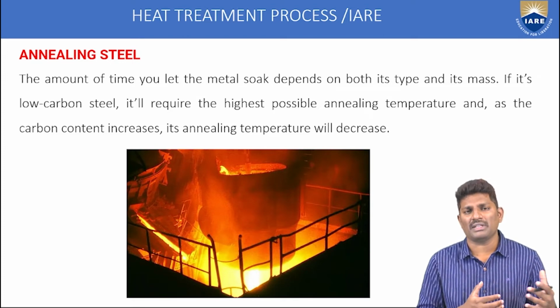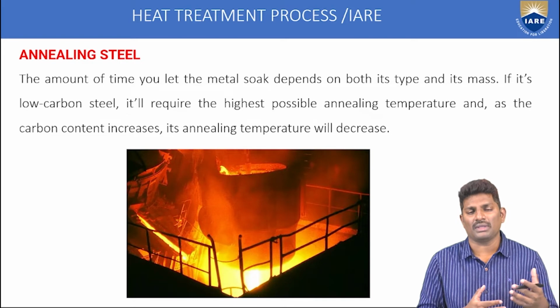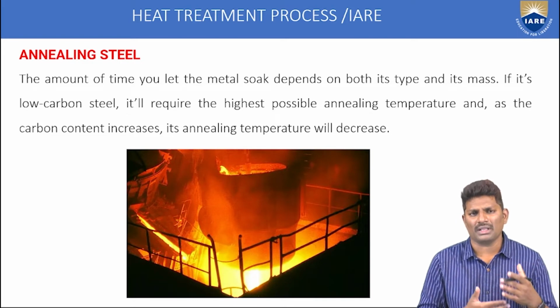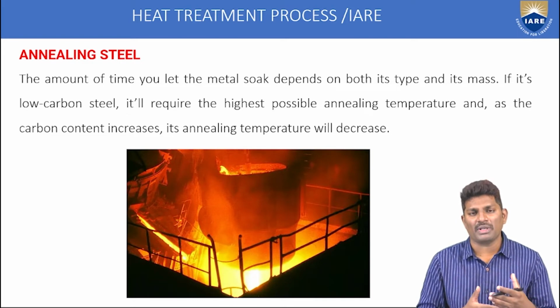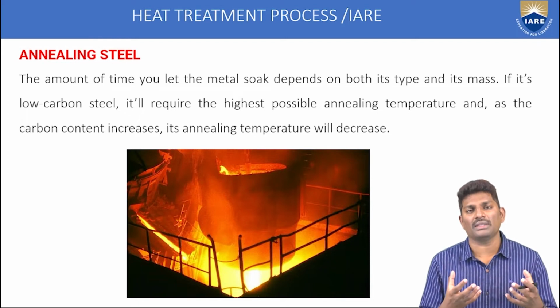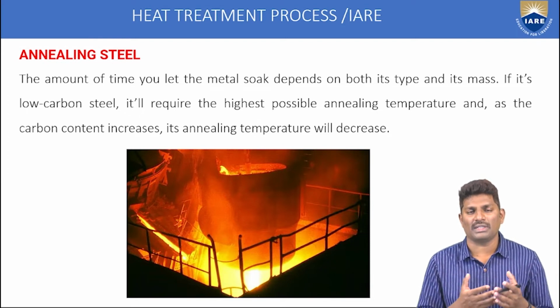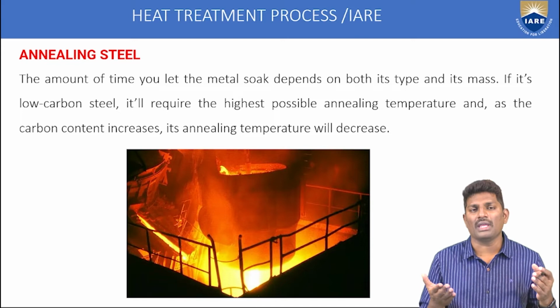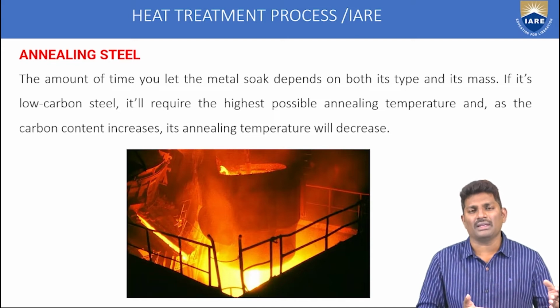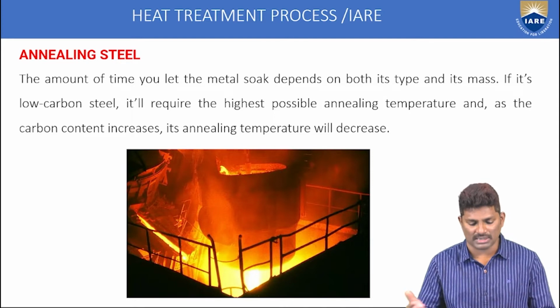Similarly, with different materials, copper may take a different time, silicon may take a different time. Depending upon the type of material and the quantity you're taking, the time will vary. So the time is not constant for any type of material. It varies with the material and with the mass.